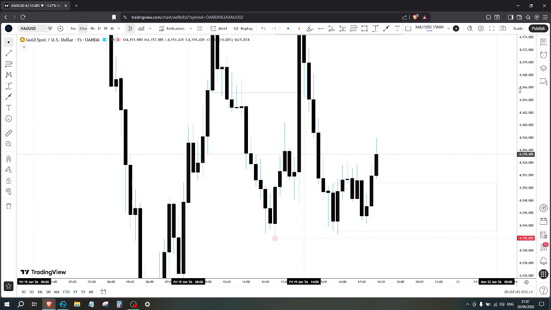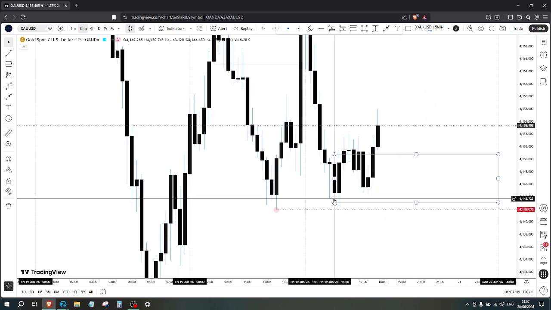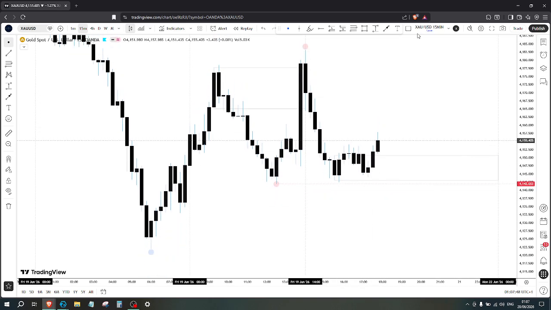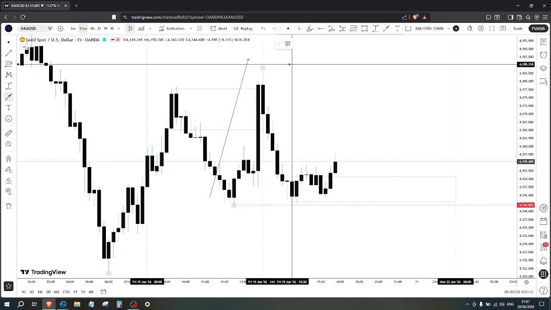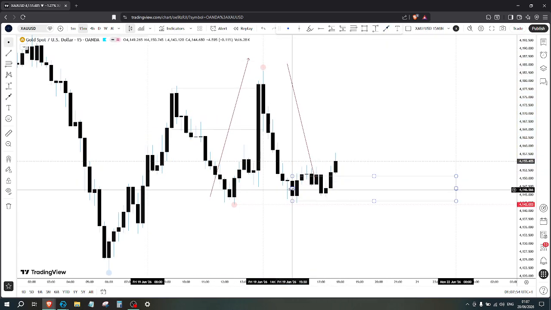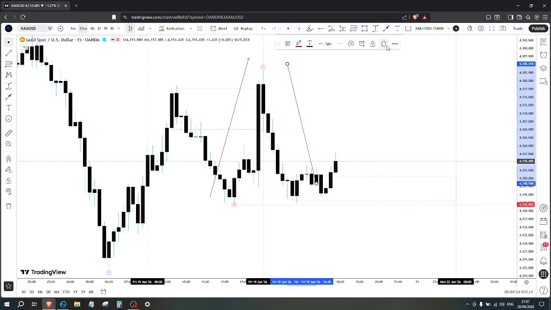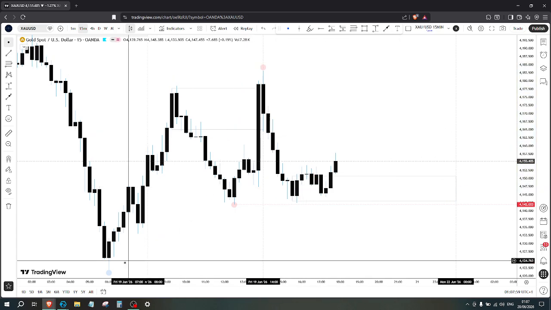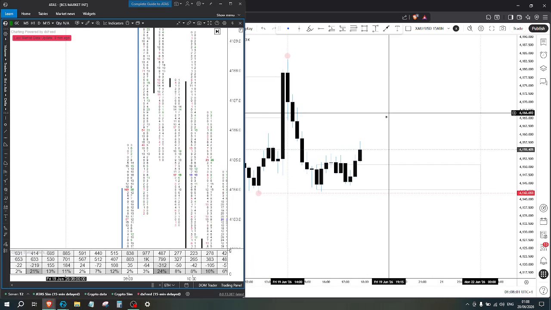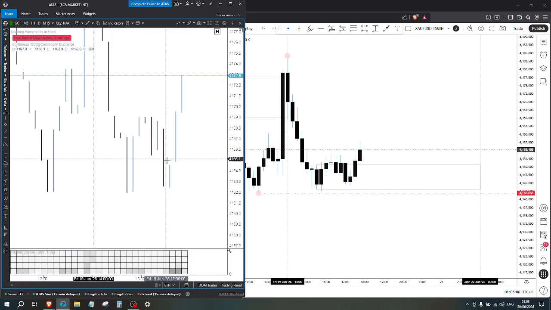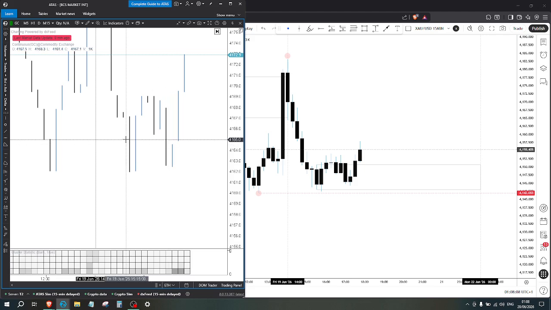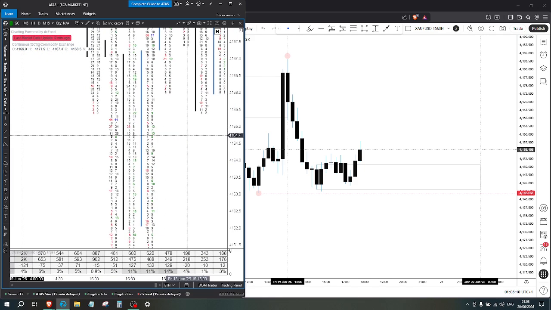Okay. Delta prints 1530. Delta requirements are, so London long inventory, New York short inventory. So we need a bearish candle with bullish delta. If we take a look at the footprint chart, 1530. Let's go to 1530. 1530 bearish candle with bullish delta 127.